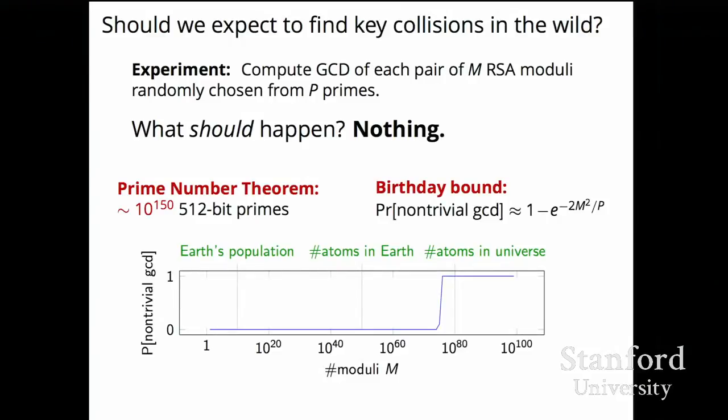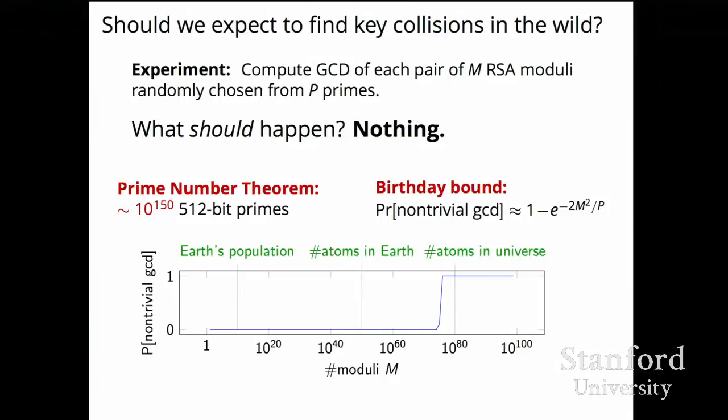Okay, so if we have m RSA moduli, they have two factors each, and if they are randomly generated, they're randomly generated primes, and we're essentially throwing two primes into random buckets at a time until we get a collision. So we know when this will happen by the birthday bound, and we know how many primes there are of, say, 512 bits if we're looking at 1024-bit keys, from the prime number theorem.